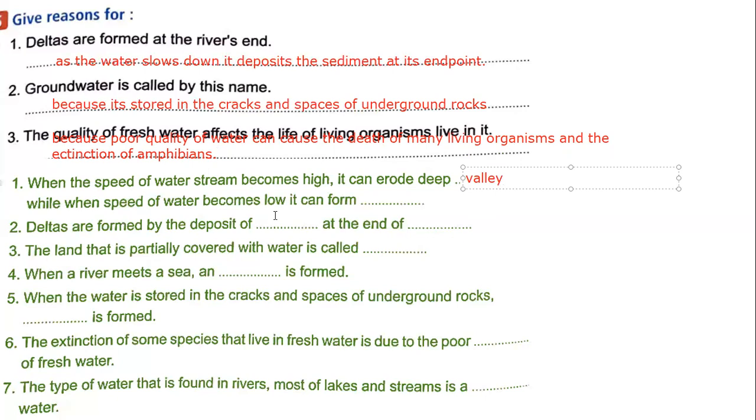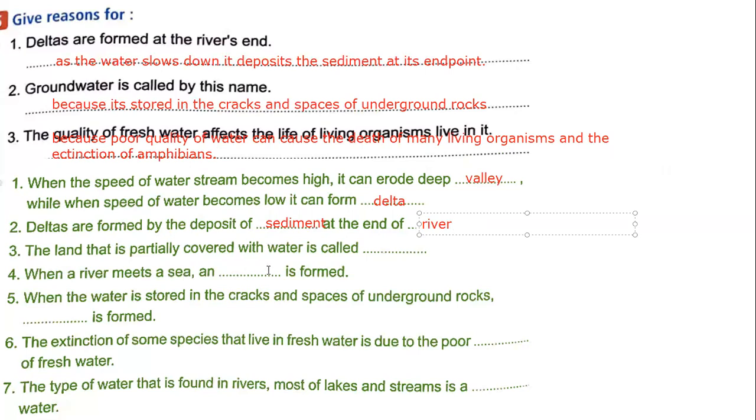While when the speed of water becomes low, it can form what? Excellent, delta. Deltas are formed by the deposit of what? Sediment, at the end point of the river.